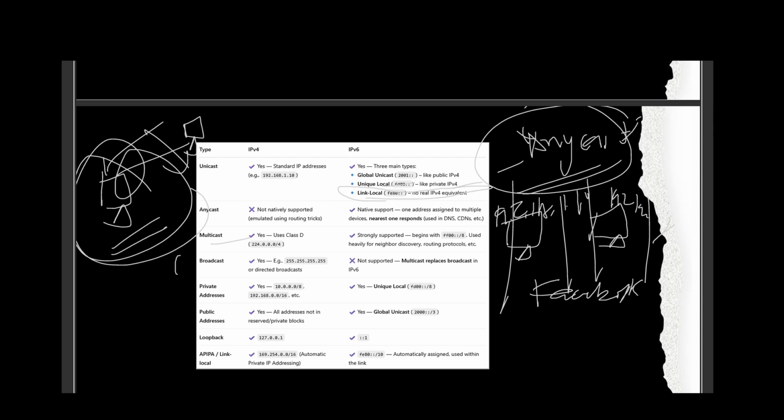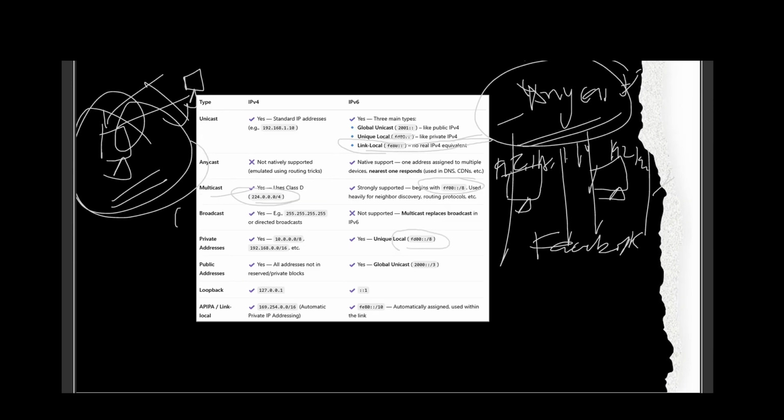So for IPv4, this is the specific multicast network, the 224.0.0.0, while for IPv6, this is the default multicast. So just always remember this. It's just like with private IP: if you see that the network starts with this one in IPv6, you know it's going to be a private IP, and if it's starting from this one, you know that it's going to be a public IP.